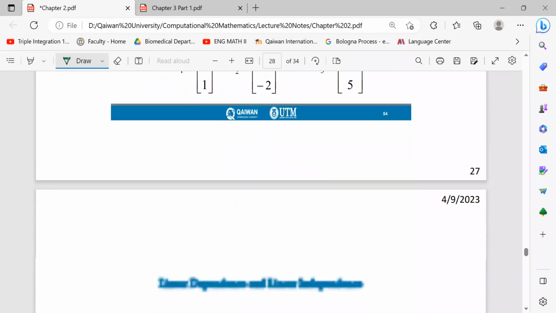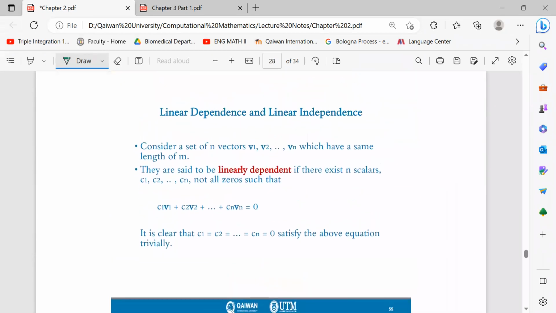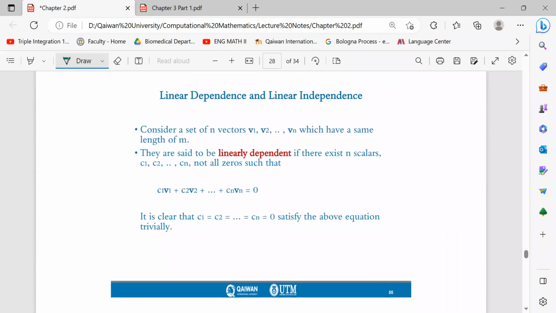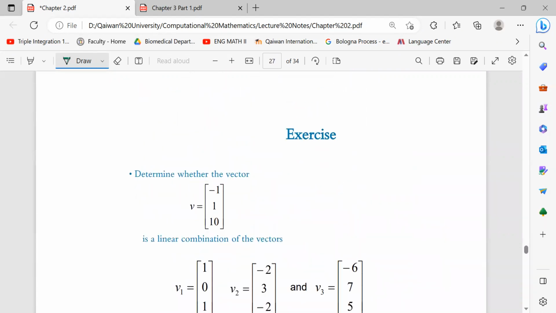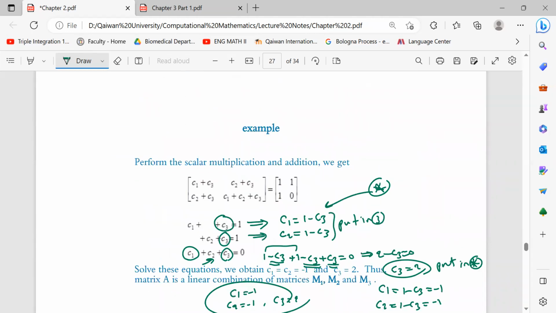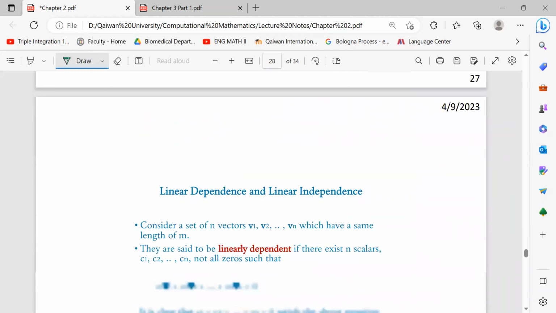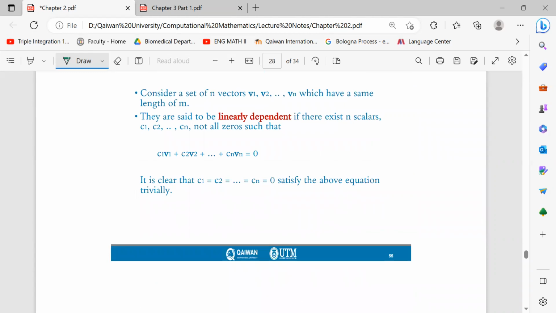Here we have an exercise, it's for yourself. We now have linearly dependent and linearly independent of these two. This also depends on reduced row echelon form. Look, even the previous one, the linear combination depends on a reduced row echelon form.